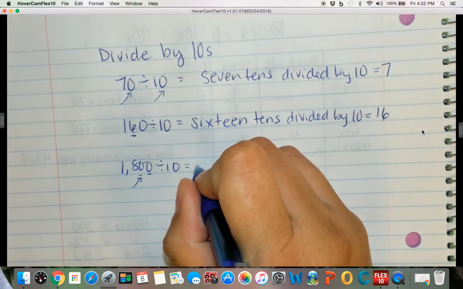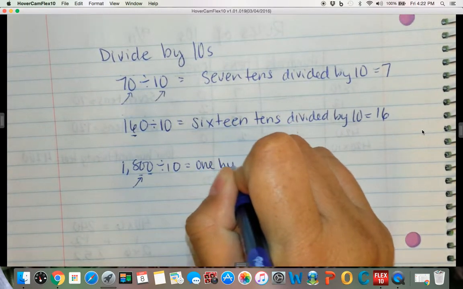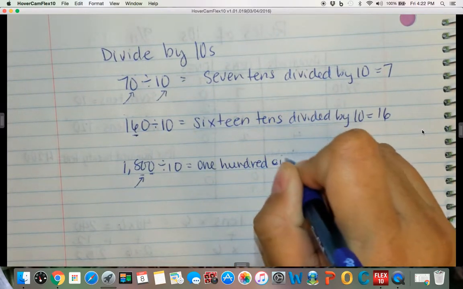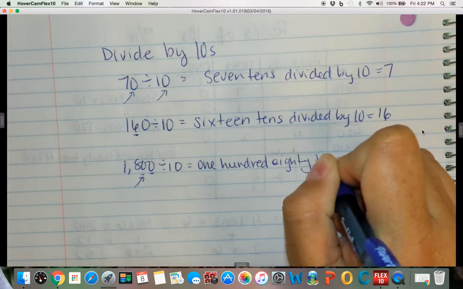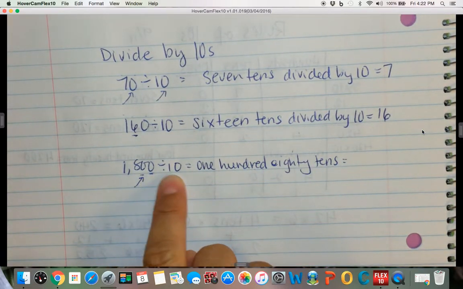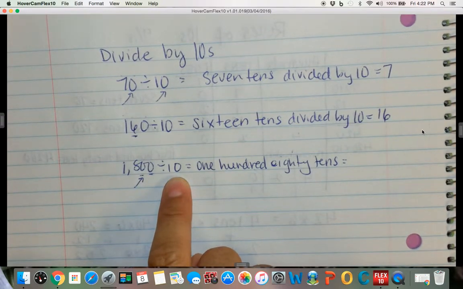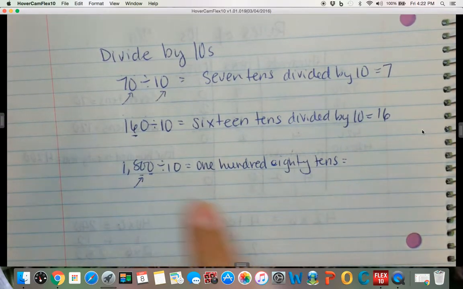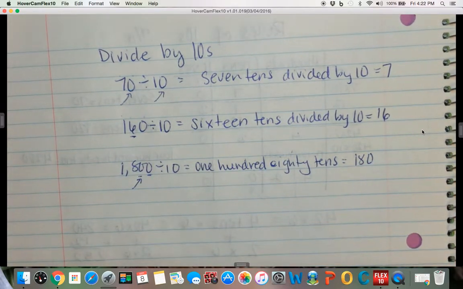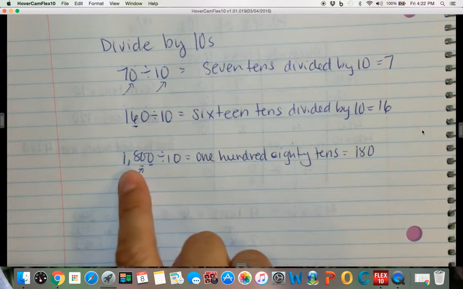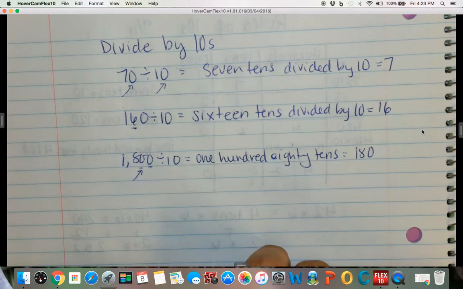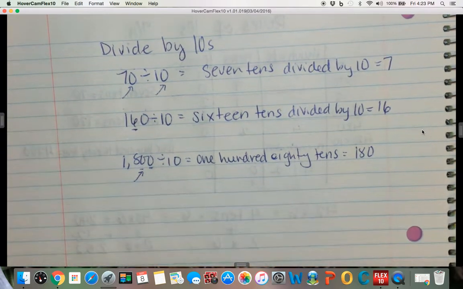I have 180 tens. If I'm taking that 180 tens and I'm putting it into groups of 10, how many do I have? 180. They're the same thing. 1,800 is the same as 180 tens.